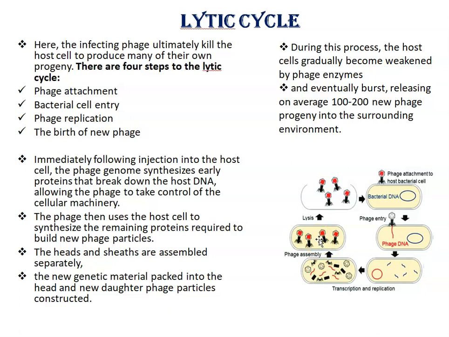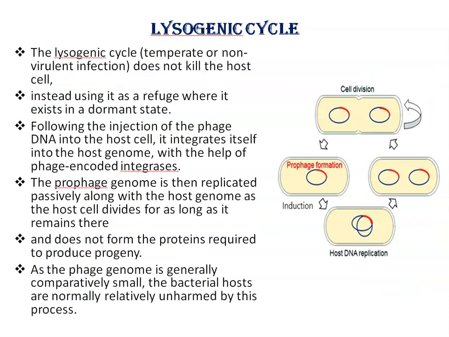During this process, the host cell gradually becomes weakened by phage enzymes, and eventually you can see here lysis in the lysis phase. Eventually, the bacterial cell bursts, releasing on average 100 to 200 new phage progeny into the surrounding environment. So this is the lytic cycle. Now the lysogenic cycle.